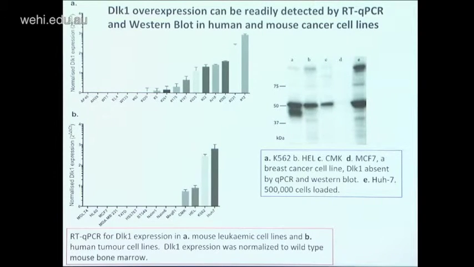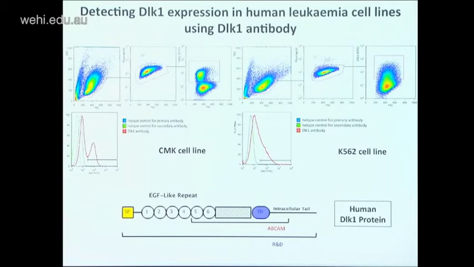So I can detect it, but can I detect it on flow cytometry by an antibody? Because if I can sort the positive from the negative cells, I can see if the positive cells are any different from the negative cells. So I purchased two antibodies, the EpCAM and the R&D antibody. One is directed against this part, and the other against the complete human Dlk1 protein. This is a typical plot that you get with the CMK and K562 cell lines using these antibodies.